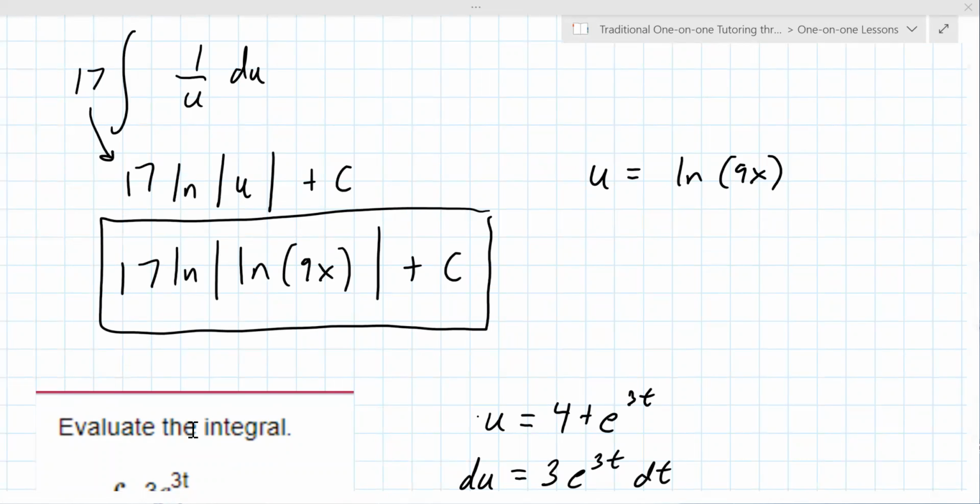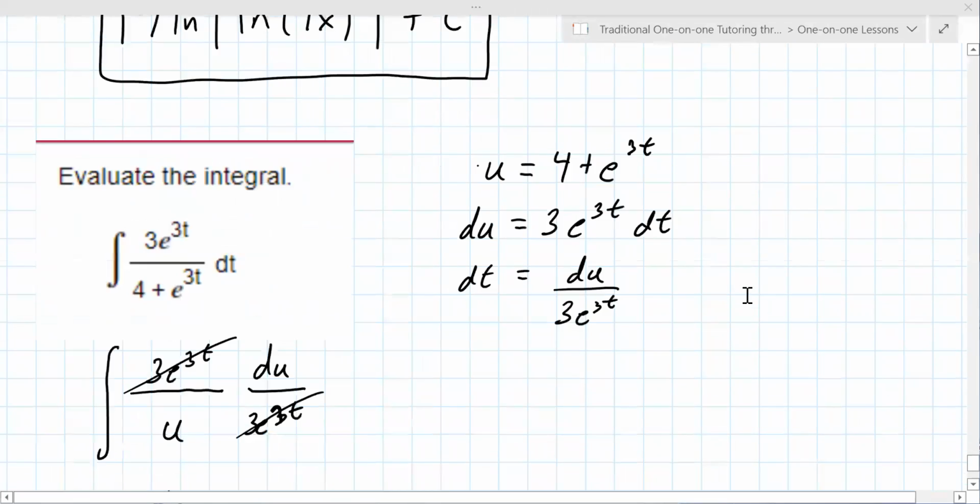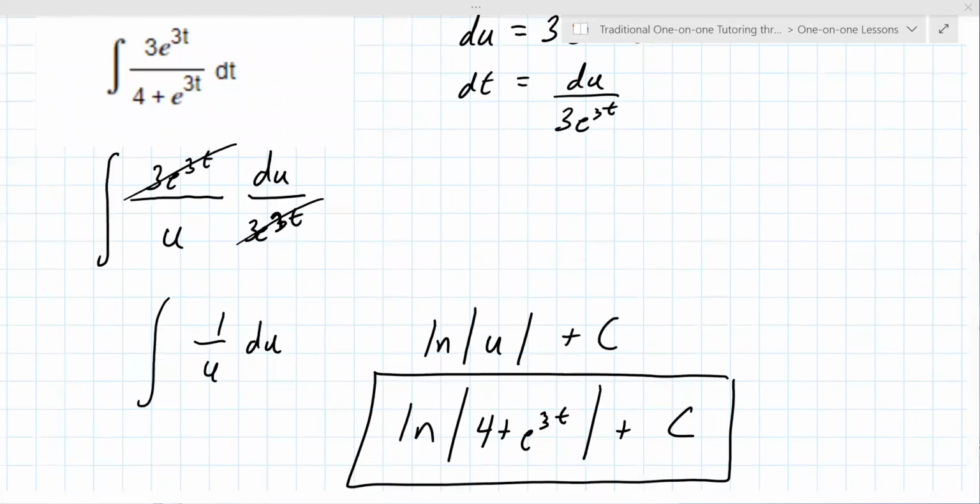Yeah, works. That's good. That's 4 plus e to 3t. Yes. Yes.